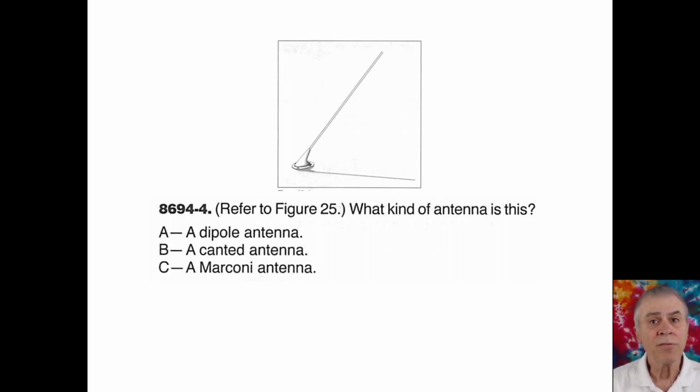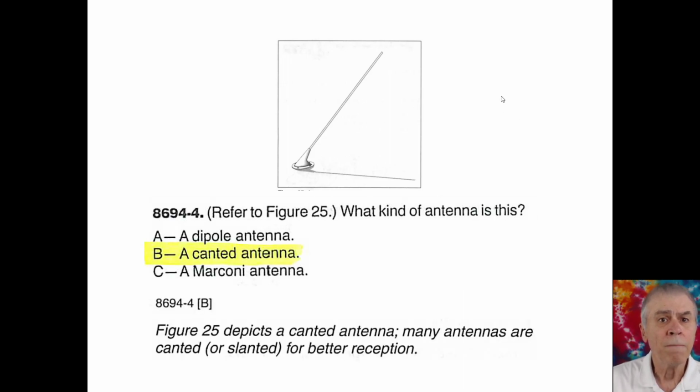Not a terrible answer, but Marconi is not usually angled like that. So I'm going to say canted, which I believe is the correct verb for this type of antenna. Yes, many antennas are canted or slanted. Yeah, that wouldn't have been the right answer because everybody would take it. It's a slanted antenna for better reception.